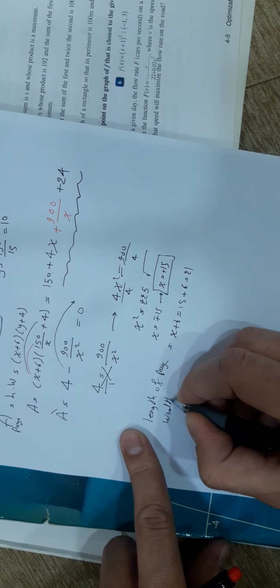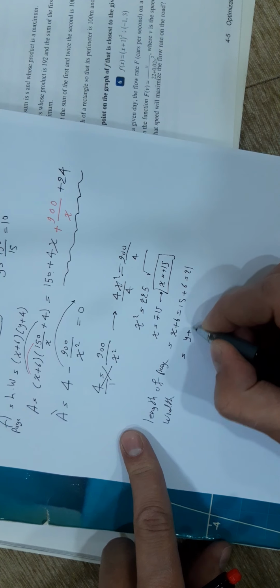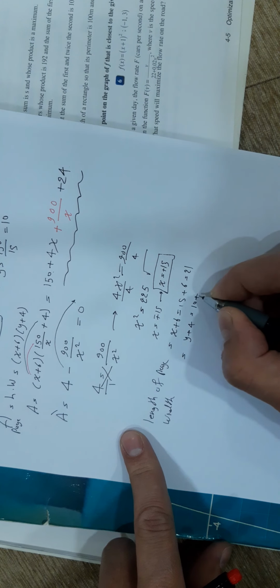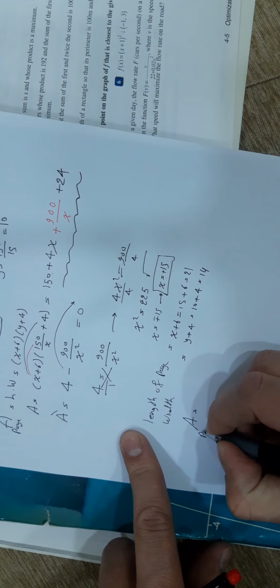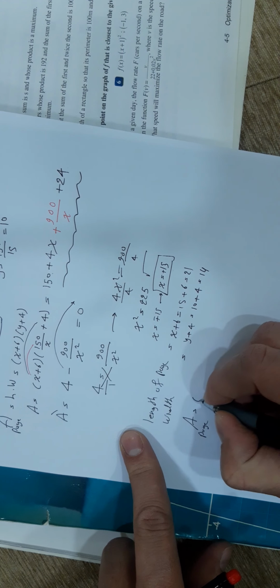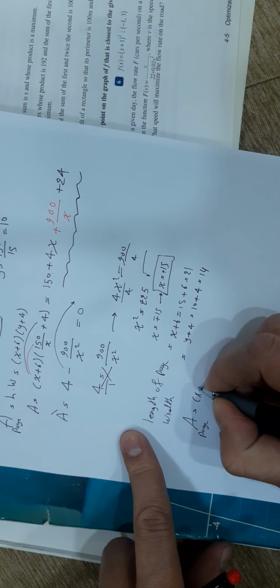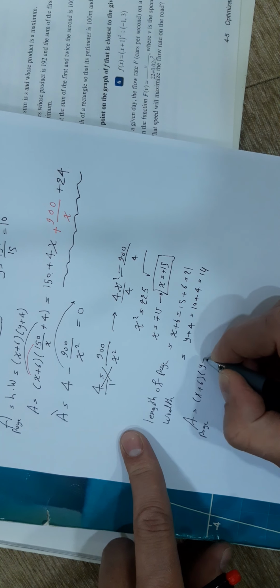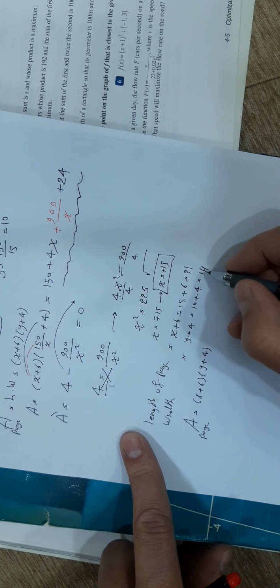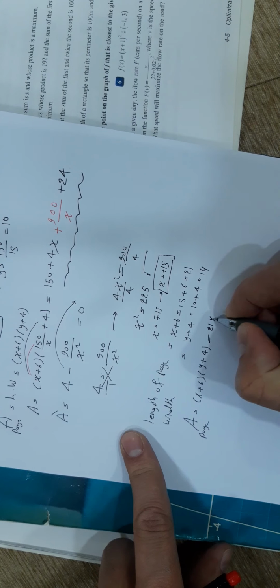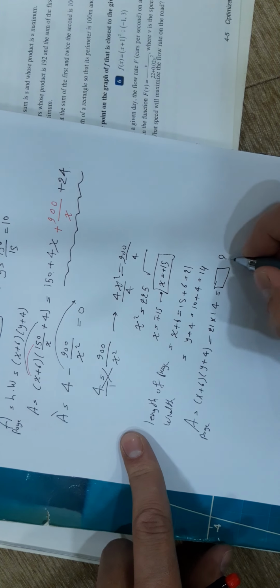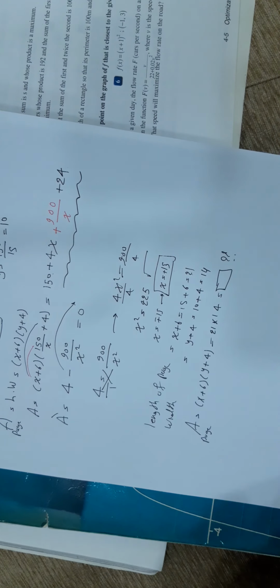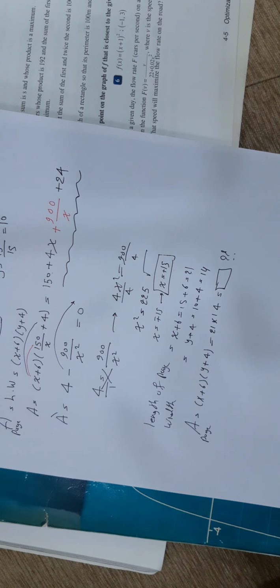The width of the page is equal to y plus 4, يعني 10 plus 4 is equal to 14. So the area of the page is equal to x plus 6 multiplied by y plus 4, يعني 21 multiplied by 14, which you can find by calculator. Thank you so much.